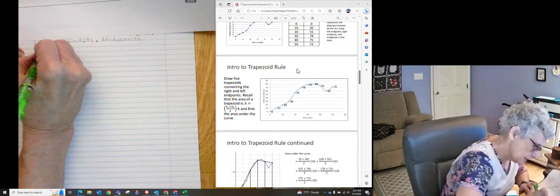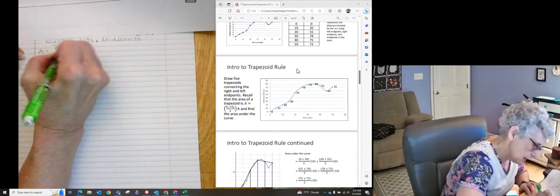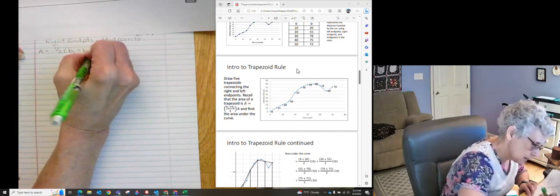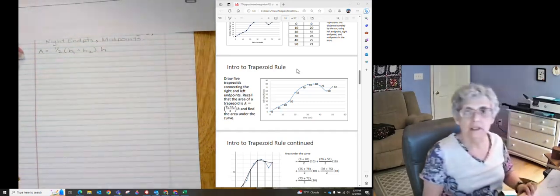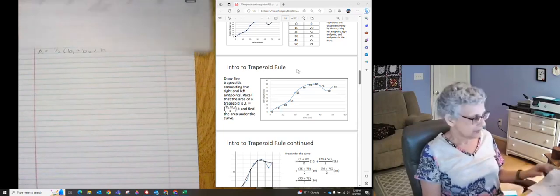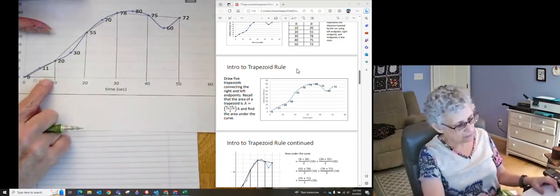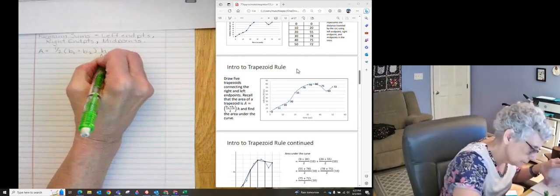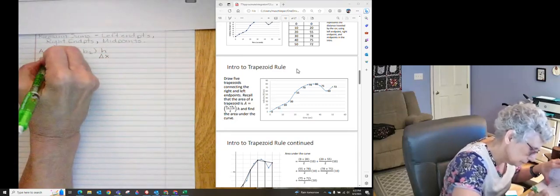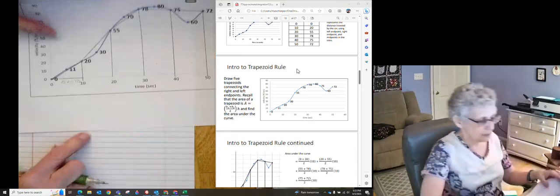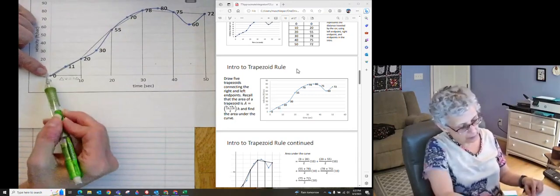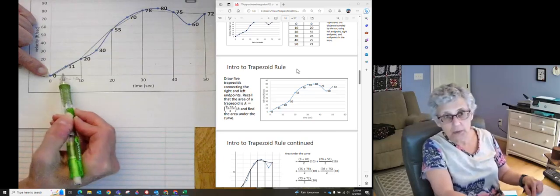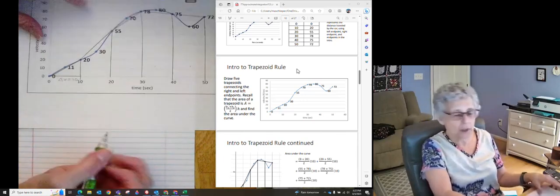The area of a trapezoid is 1/2 of base number 1 plus base number 2 times the height. In this case, the height of these trapezoids is your delta x, and your bases are going to be this endpoint and this endpoint: left endpoint, right endpoint, left endpoint, right endpoint.